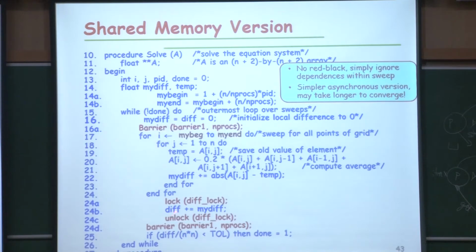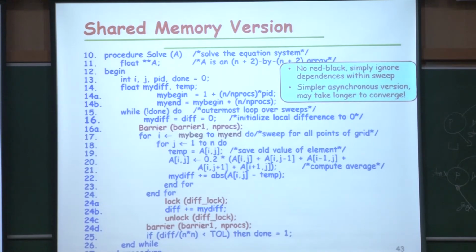So they can access the old value of diff, add the value of my diff to it, and then write it back into diff, and when they are doing it, no one else should see the value of diff. Diff has to be updated atomically, correct? That is ensured by putting these 2 lock and unlock statements here.